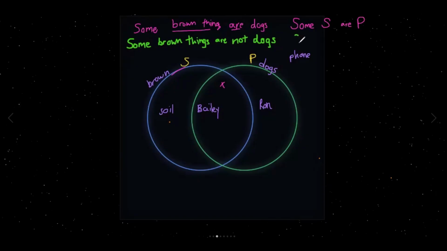Think about where the X will go if my sentence form is some S are not P. Well, it's going to go in the things that are brown, but not dogs, or S, but not P, which is this region of space.